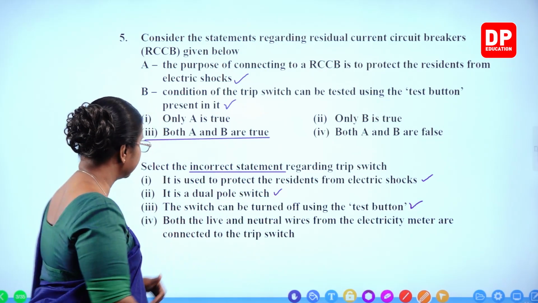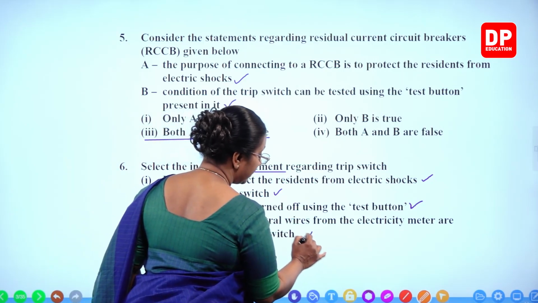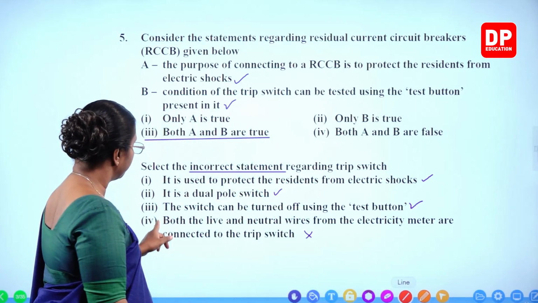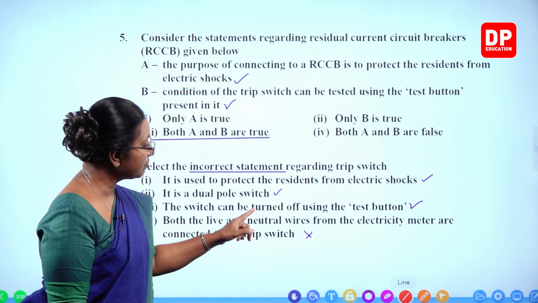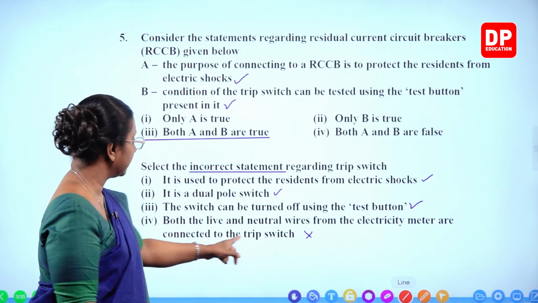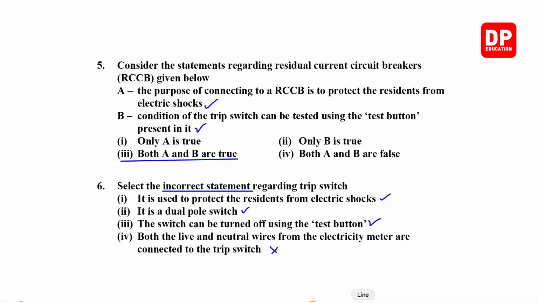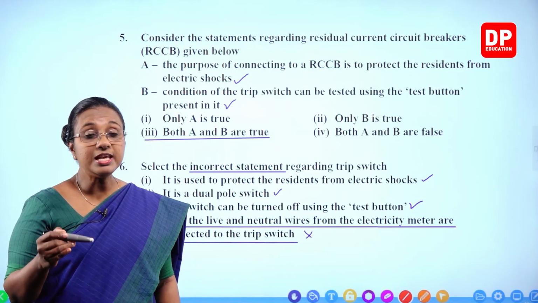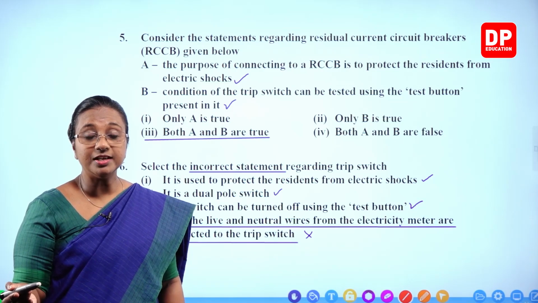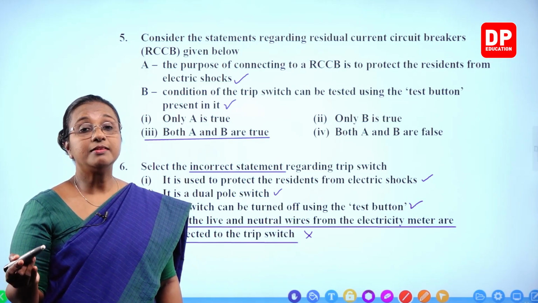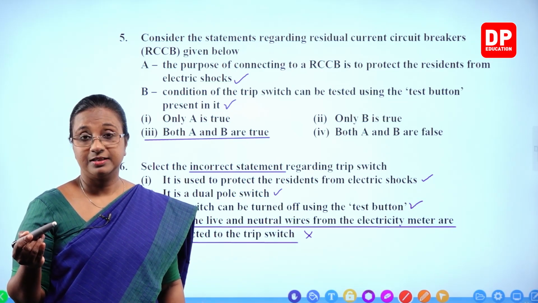That is the reason this statement is incorrect. Both the live and neutral wires from the electricity meter are connected to the trip switch. That is incorrect, because after the electricity meter, it is the isolator. Only after the isolator, we have the trip switch or the residual current circuit breaker.